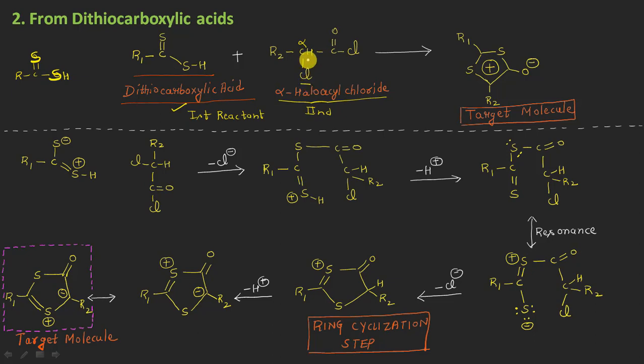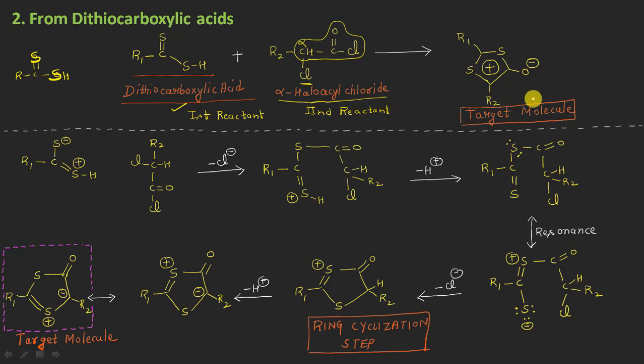This part of the molecule is the acyl part, and it also has one chloro. So this is the acyl chloride, to which at the alpha position one halogen atom is also present. So this will be the alpha haloacyl chloride. Let me write here, this is the second reactant molecule in this reaction.